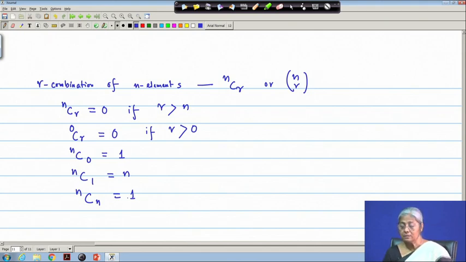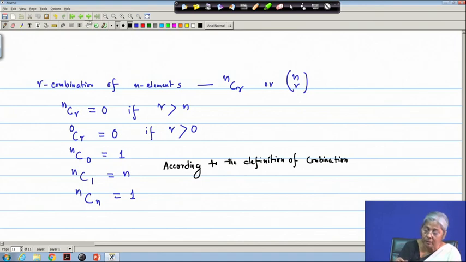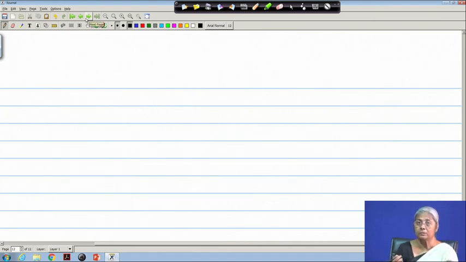This is according to the way we have defined the R combination of n elements. Now, we try to find the formula and we write a theorem.